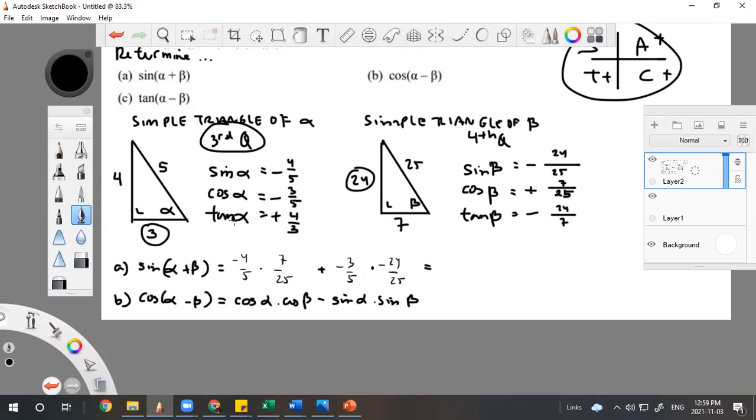Cos A -3/5. Saya belum kerjain semua guys, ini strateginya aja. Cos B 7/25. Sin A -4/5. Sin B -24/25.